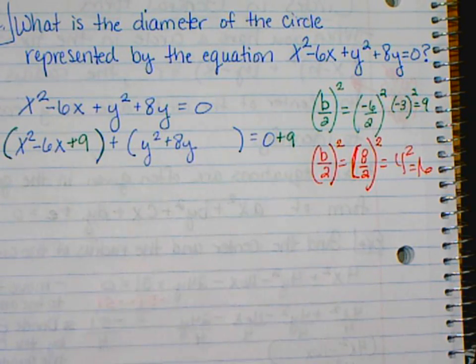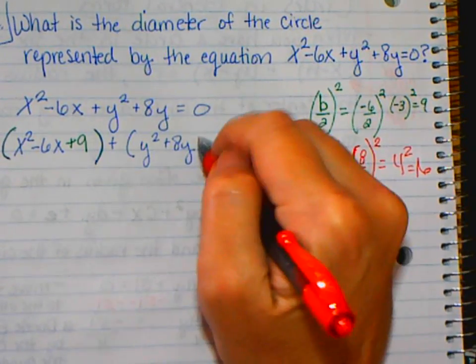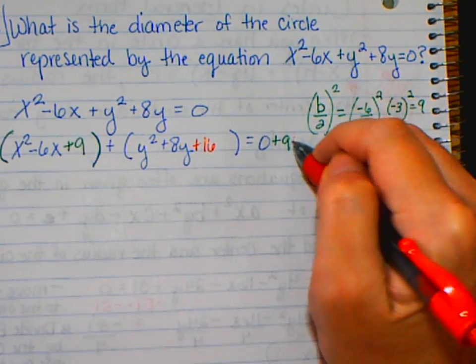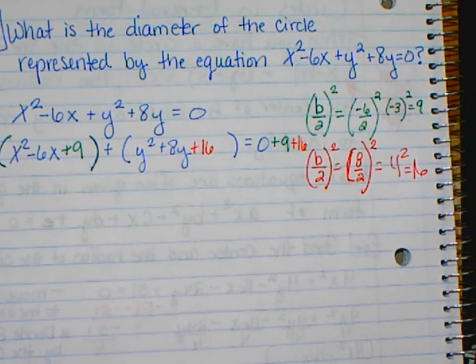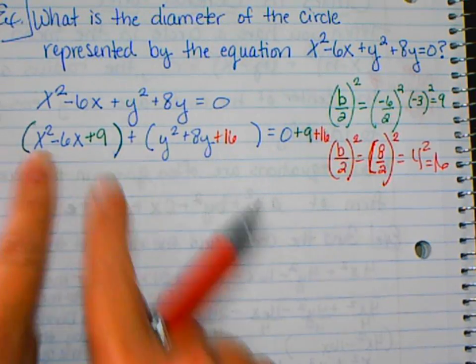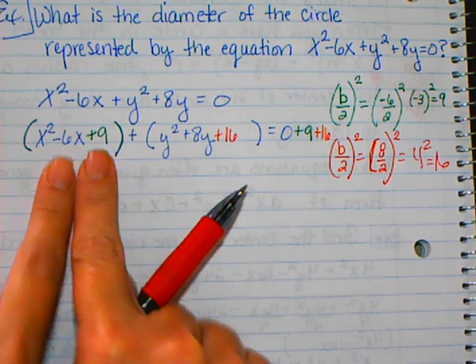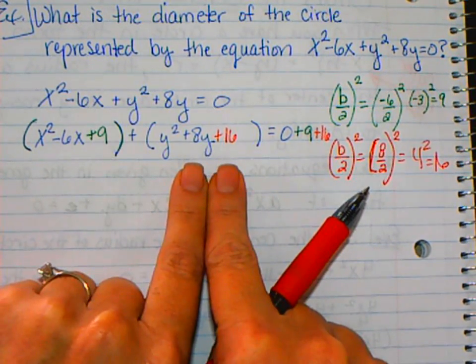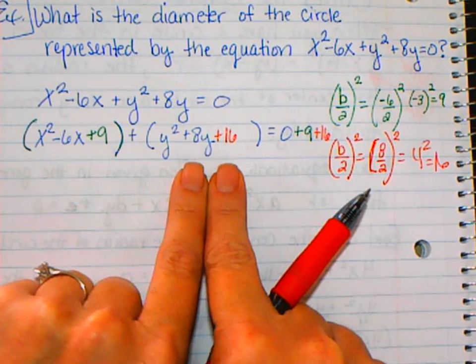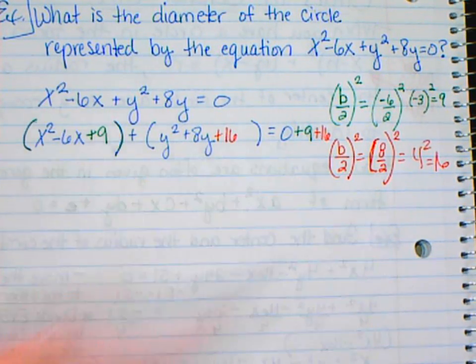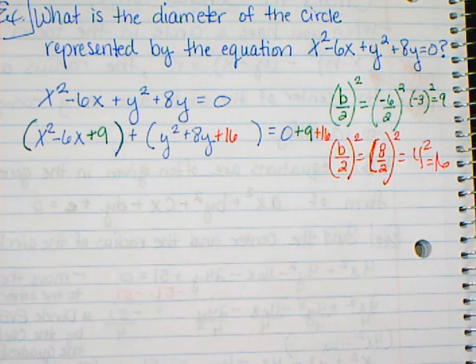Alright, so where were we? Add 16 to both sides. And so I created a perfect square trinomial here and a perfect square trinomial here. I did that on purpose because I wanted it to factor into a binomial squared and a binomial squared so that I can get it into center radius form and answer the question.